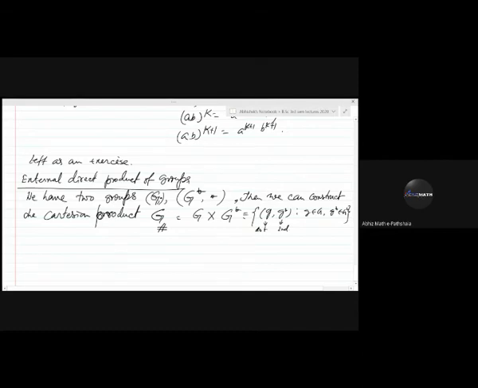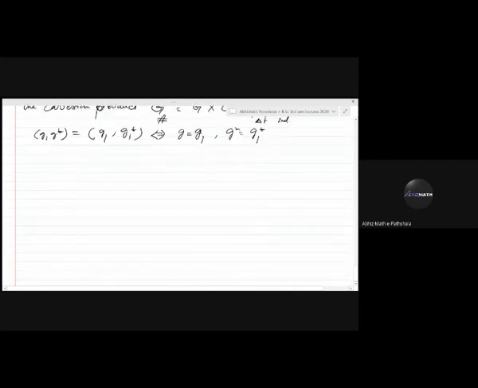That means if you have two objects in G cross G star, that is (g, g star), and another one, suppose (g1, g1 star), they represent the same object if and only if the first place coordinates are equal and the second place coordinates are equal. Right, so these are ordered pairs.